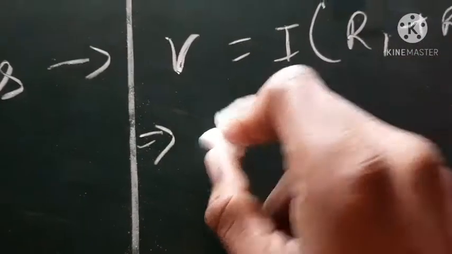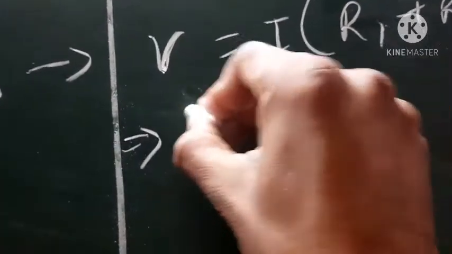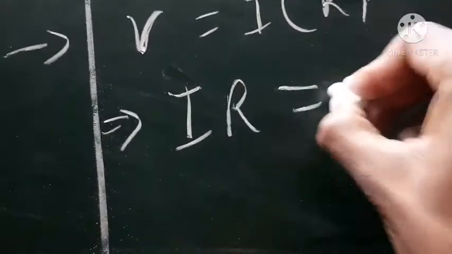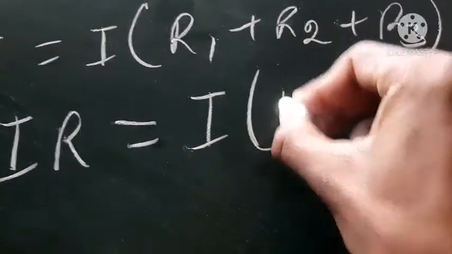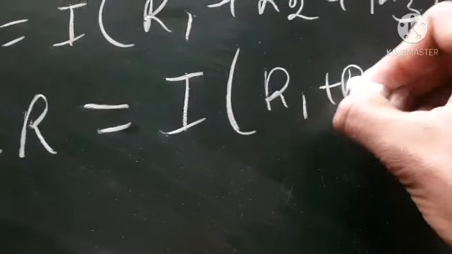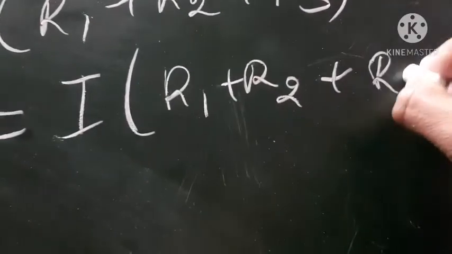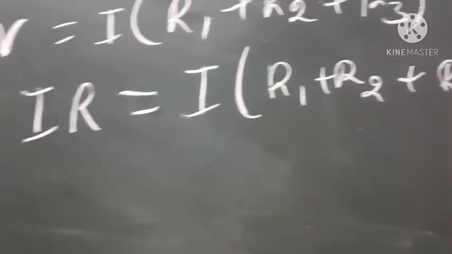And as you know that V is equal to IR, so it will be equal to I into R1 plus R2 plus R3.